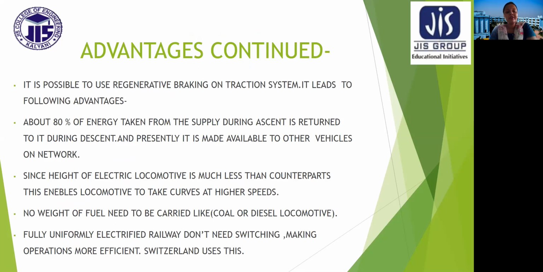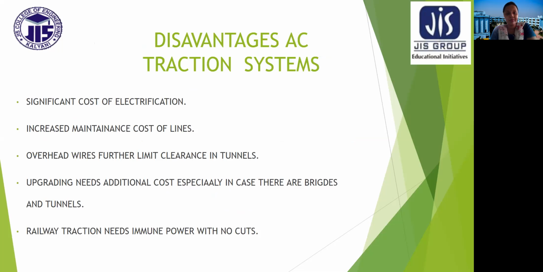Since the height of an electric locomotive is much less than its counterparts, this enables the locomotive to take curves at higher speeds. No weight of fuel needs to be carried like a coal or diesel locomotive. Fully uniformly electrified railway doesn't need switching, making operations more efficient. And in Switzerland, this particular method is used.